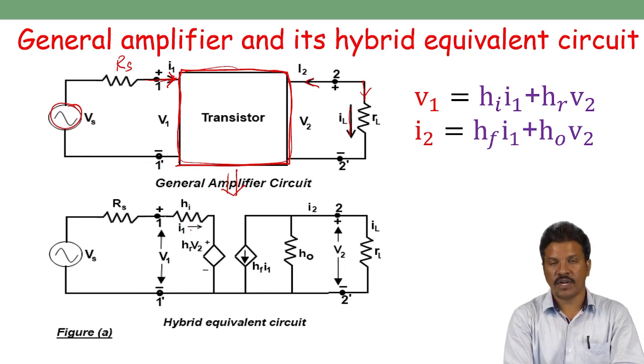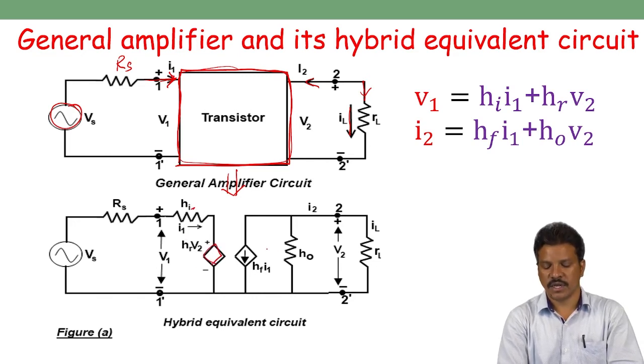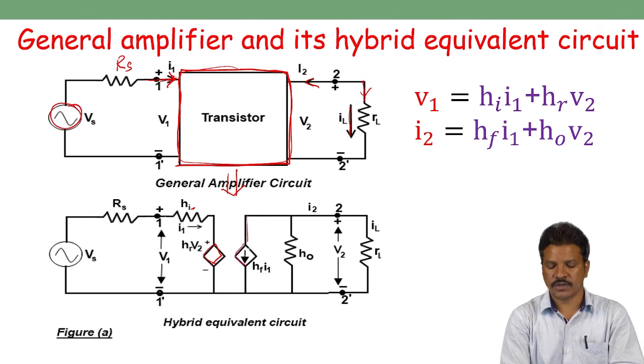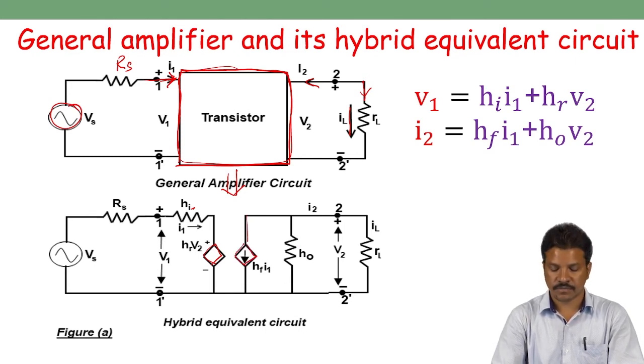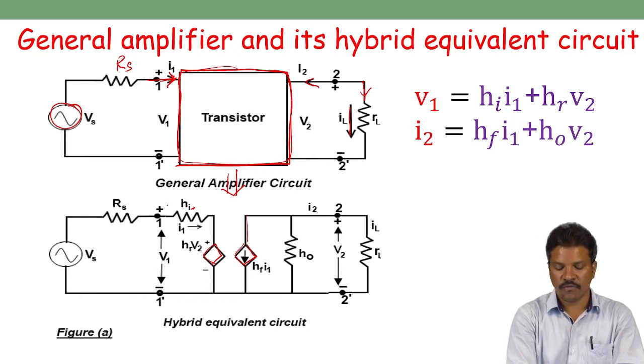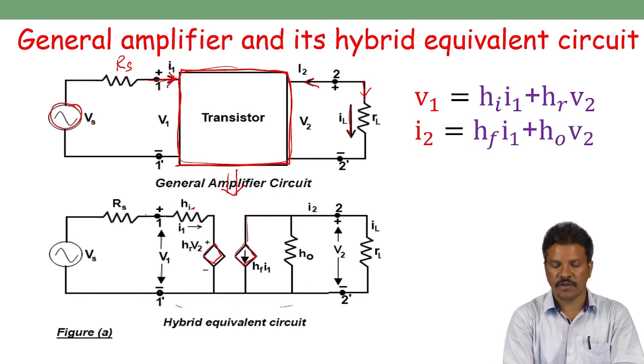The input circuit consists of input impedance and a dependent voltage source, and the output side has one current source in parallel with the admittance, in parallel with the resistor. So this is only for the transistor connected in a common configuration.